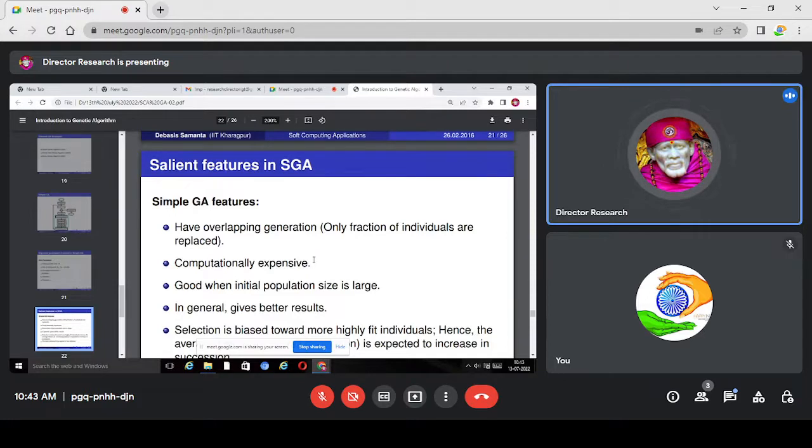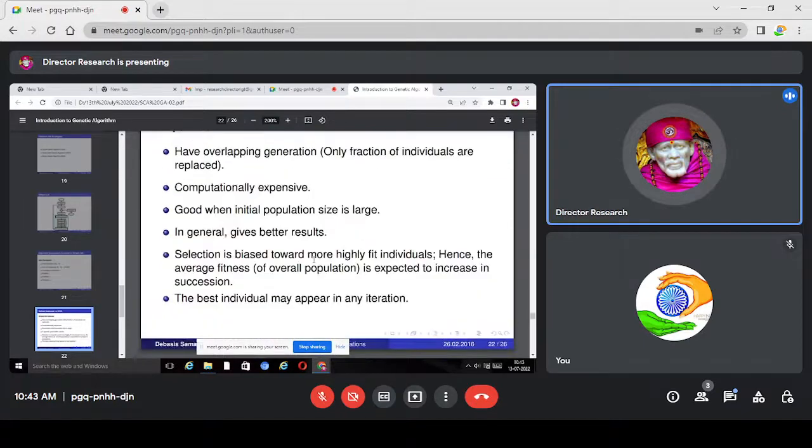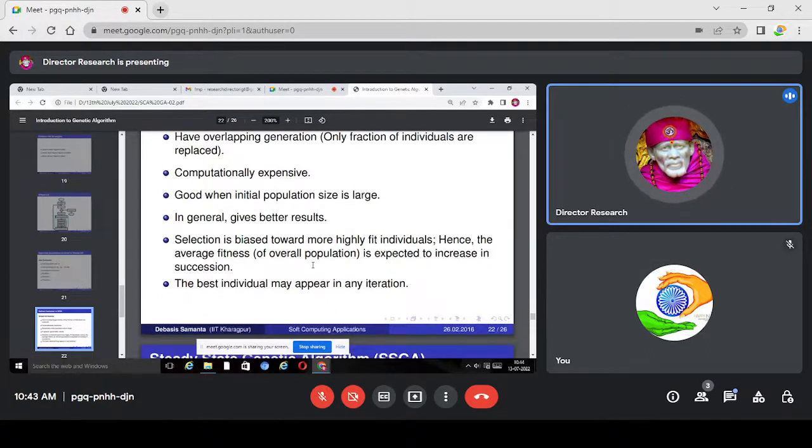It is computationally expensive, so it is good when the initial population size is large. In general, it gives better results. Selection is biased towards more highly fit individuals. Hence, the average fitness of the overall population is expected to increase in succession. The best individual may appear in any iteration.